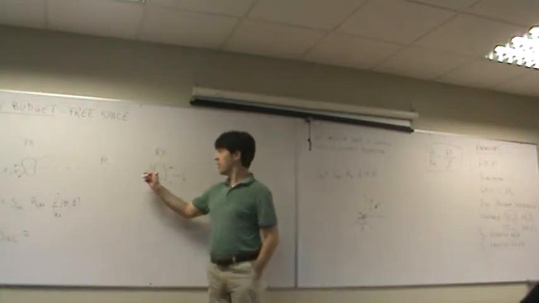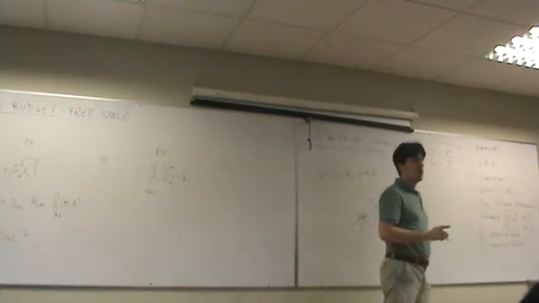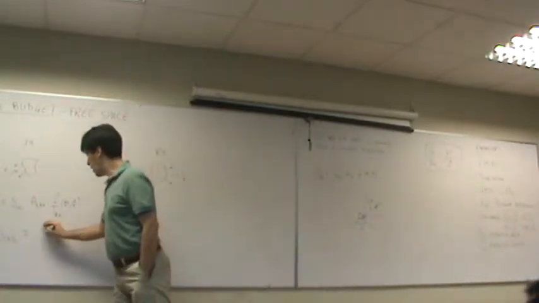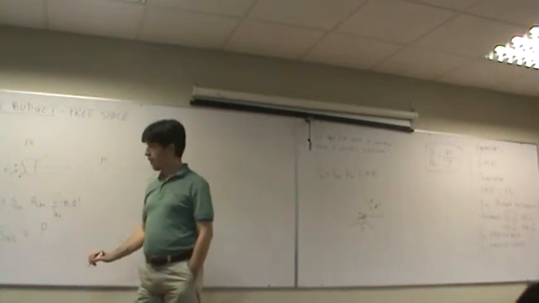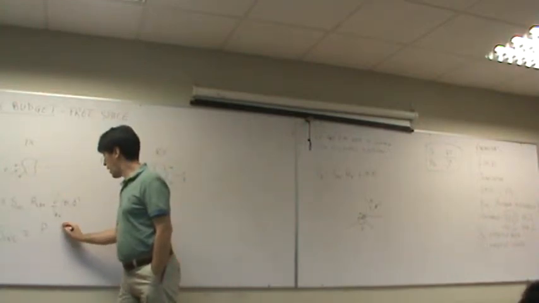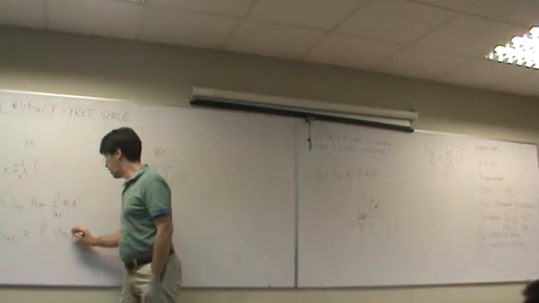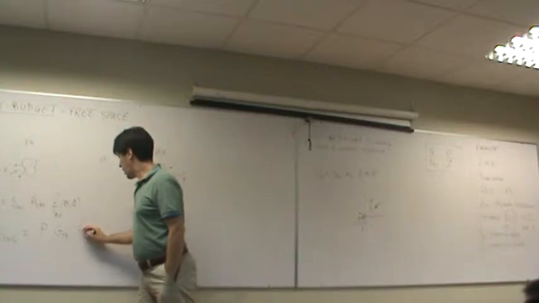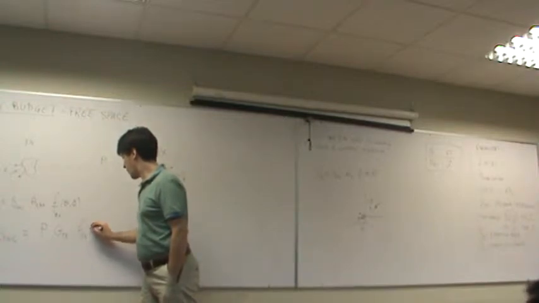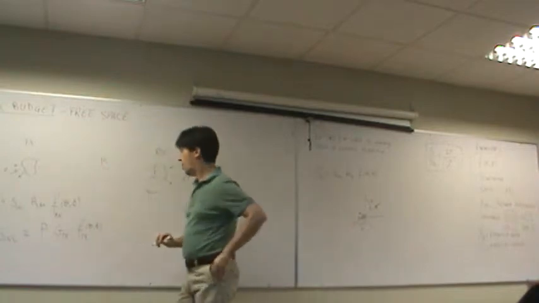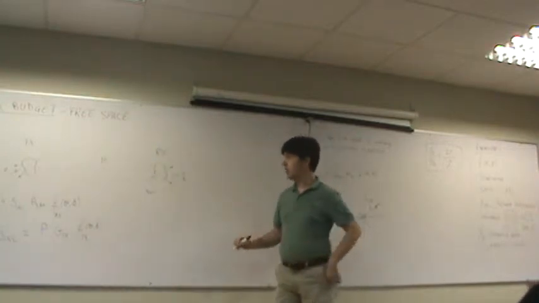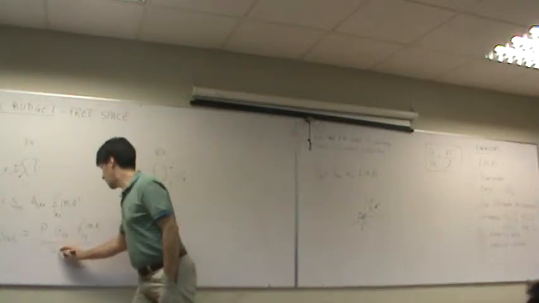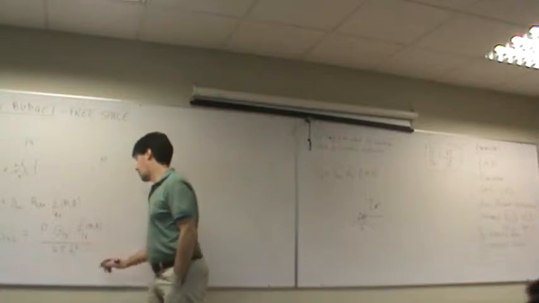But the power that is incident on the receiver depends only on the transmitter and is equal to the power that the generator is injecting into the antenna times the gain of the transmitting antenna times the directivity function of the transmitting antenna, that can be different, divided by R squared.